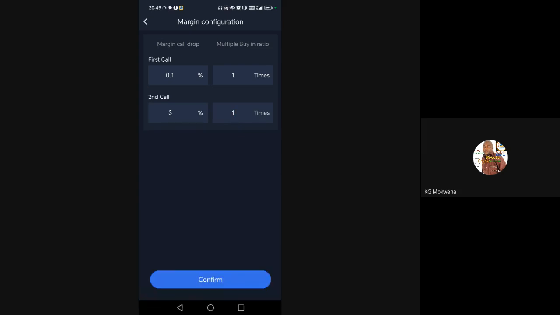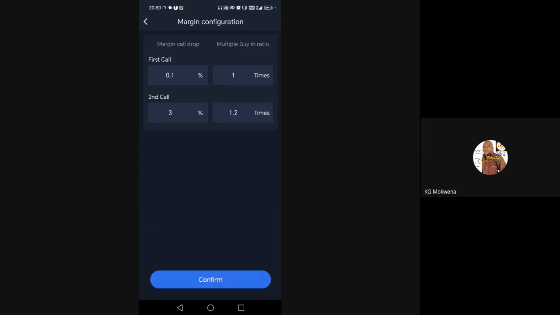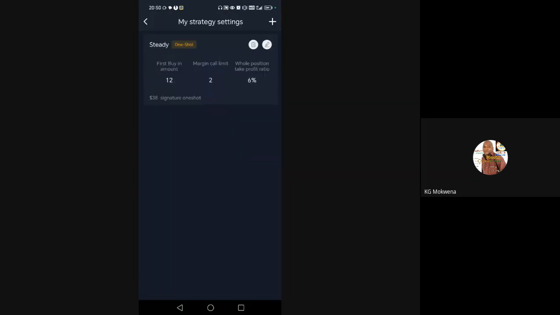In fact, let's make it 1.2 actually. Yeah, make it 1.2. I'm just rounding it off. That money will be available. Yes, 1.2. So that it's $38, is it? Okay. Yes. Now you click confirm at the bottom. So now you save. Confirm. Yes. There we go.